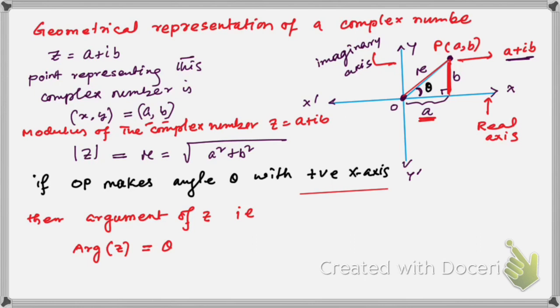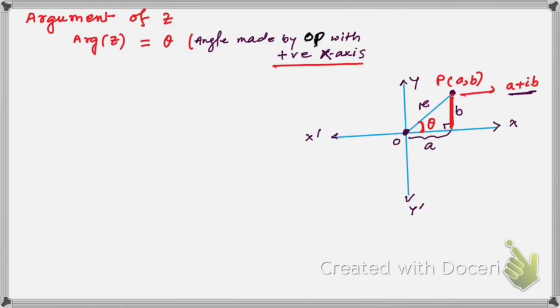Let me tell you a few more things related to this topic, argument. Now let me go to a new slide. If the point representing the complex number is in this quadrant, suppose z is equal to minus a plus ib, then minus a comma b is this point.